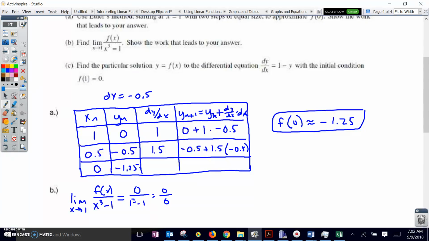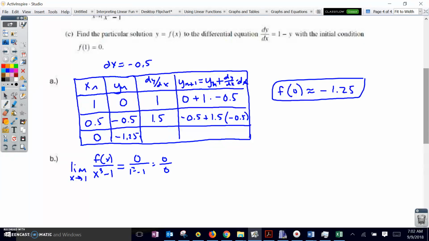And so in order to find this limit, we want to apply L'Hopital's rule here. So this is equal to the limit as x goes to 1 of f prime of x over 3x squared. Now, that's going to be f prime of 1 over 3 times 1 squared.